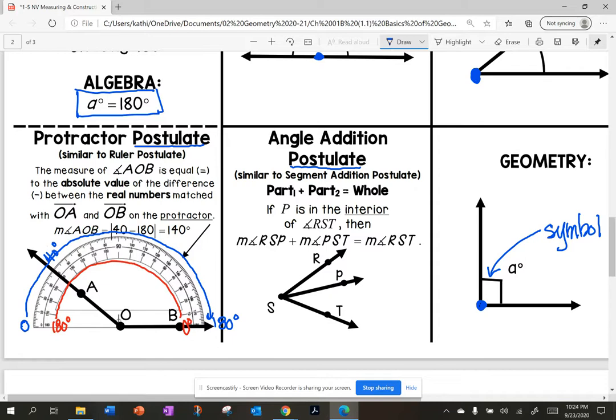Right, the angle addition postulate is similar to the segment addition postulate, where I can say I add my parts together and they equal the whole. So I can do the same thing with angles.